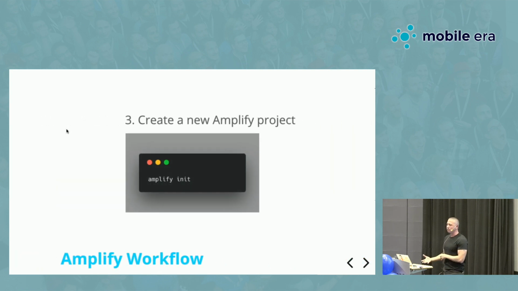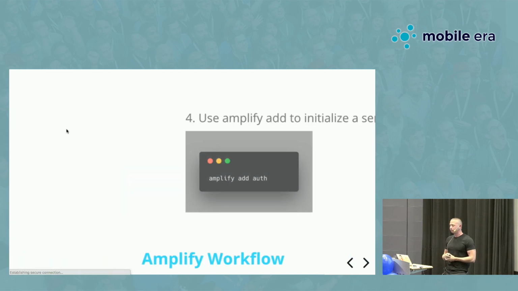After you've configured your Amplify CLI, you can start initializing new projects. Typically you would run amplify init inside the root of the project you're working in. So if you're in an iOS project, an Android project, or a React Native project, you'd be at the root directory and you'd run amplify init. That would initialize the new Amplify project.